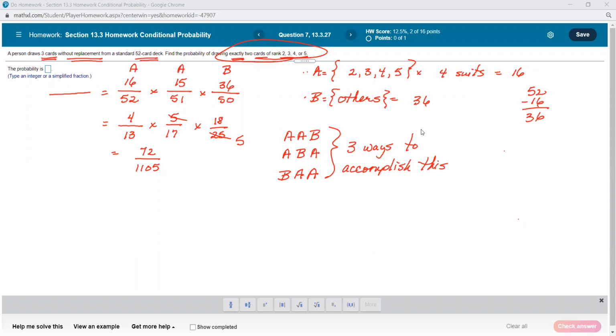Now, the neat thing is that the probability for this set and the probability for this set and the probability for this set are all going to turn out to be exactly the same. Because if we look at the ABA, we're still going 52, 51, and 50 on the bottom. An ABA would be 16 possibilities the first time.